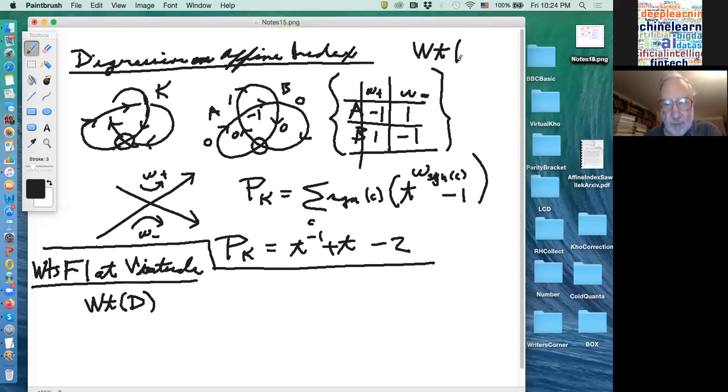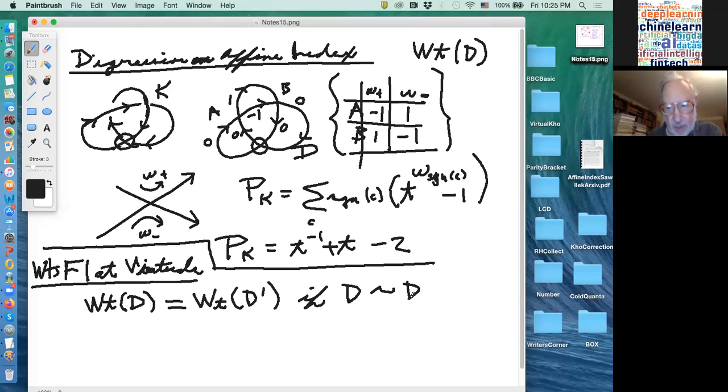Weights of D, the flat diagram, is this chart. So the weights of the flat diagram is equal to the weights of another flat diagram if D is equivalent to D prime by the third Reidemeister move. That's easy enough for you to check. If you choose your labels of the crossings correctly, you'll see that no weights change. That's an exercise, if you like. Maybe that's part of our problem set.